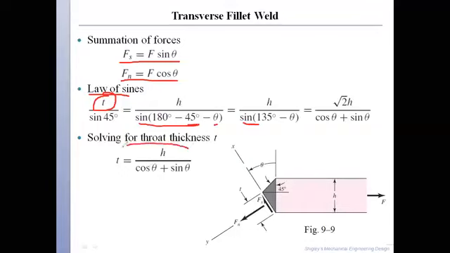And I can say that this T, which is this thickness, is equal to H over (cos theta plus sin theta). So this is the thickness we were taking for the area, H over cos theta plus sin theta.